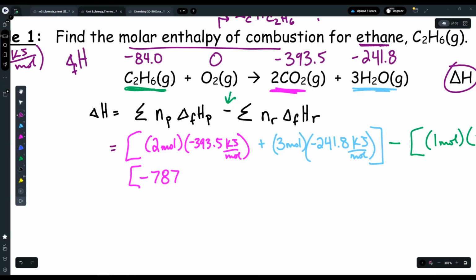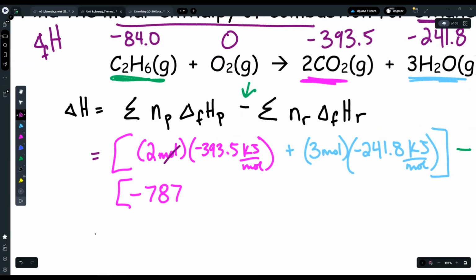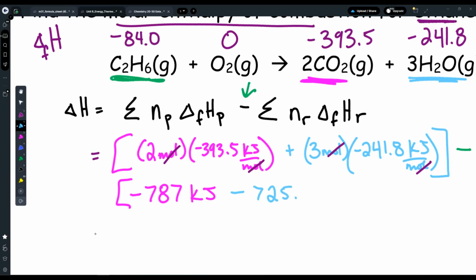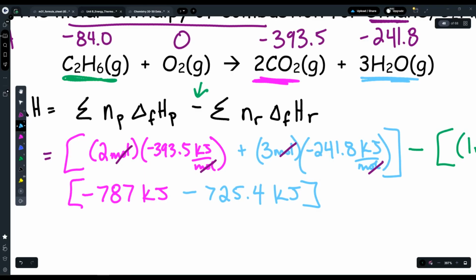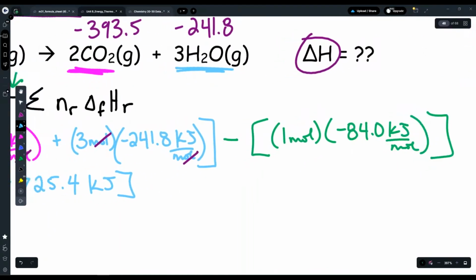Okay, and for my units, moles cancels out, so I'm left with kilojoules. And then what I have for the last part is just going to be negative 84.0 kilojoules.